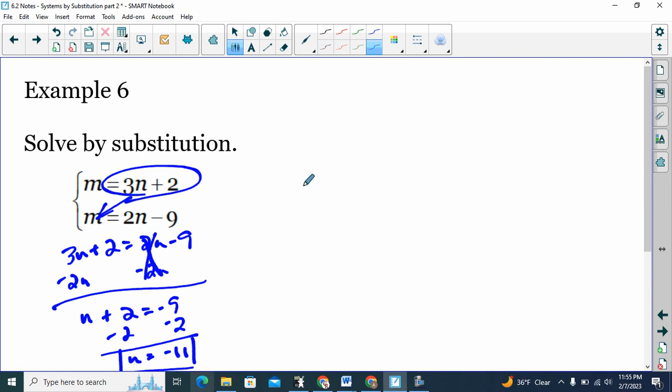Substitute that back in. m equals 3 times negative 11 plus 2. 3 times 11, that's 33, positive times negative. Negative 33 plus 2 is negative 31.